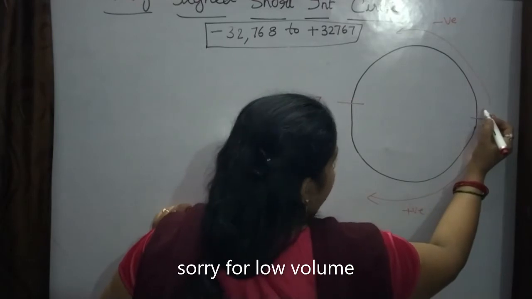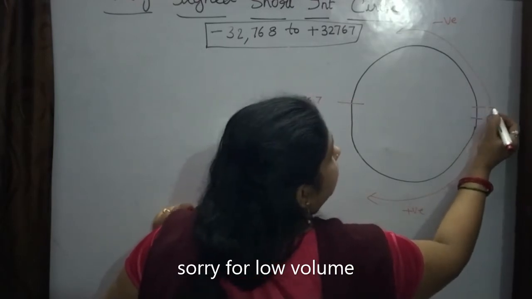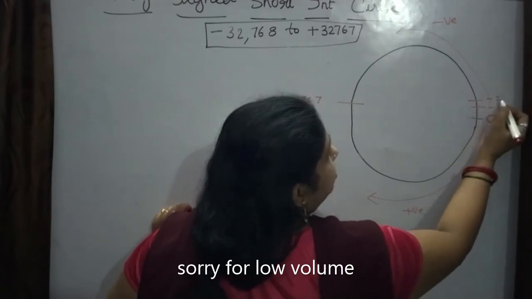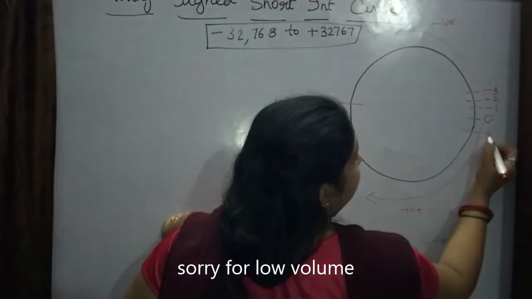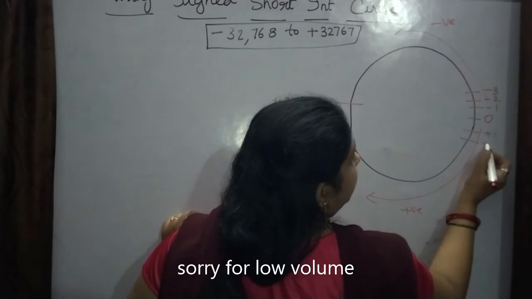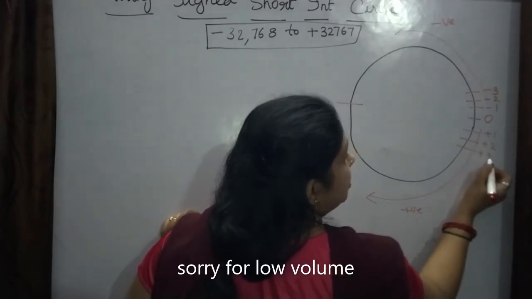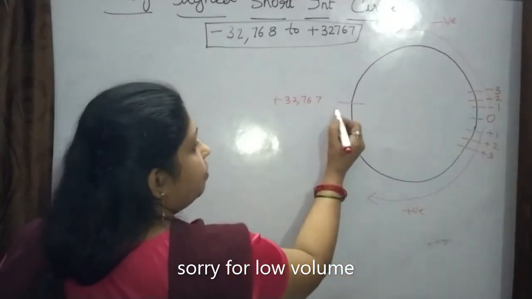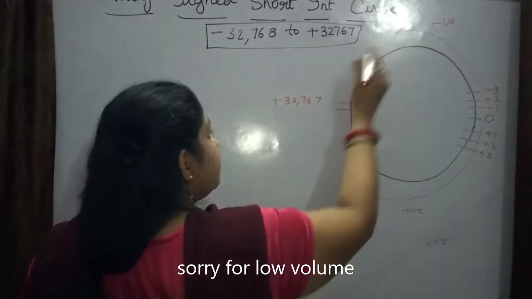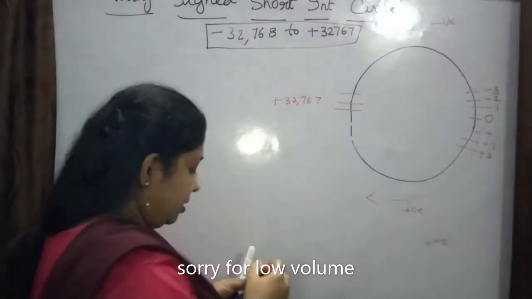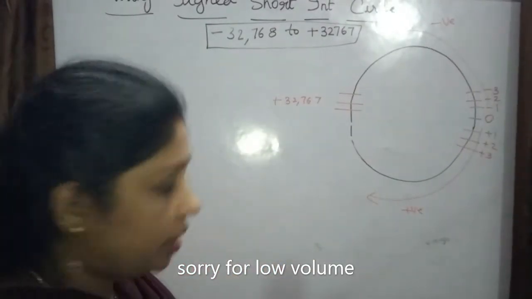So it will be like minus 1, minus 2, minus 3 like this, and here plus 1, plus 2, plus 3 like this. So it comes around, and from 0 to negative number, I will write with another color.